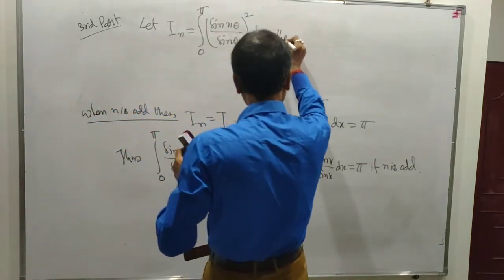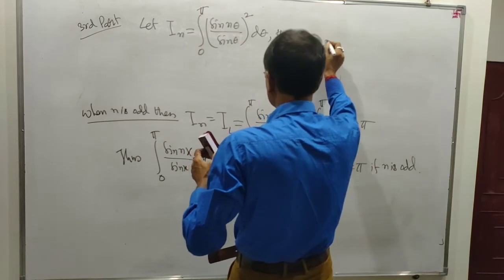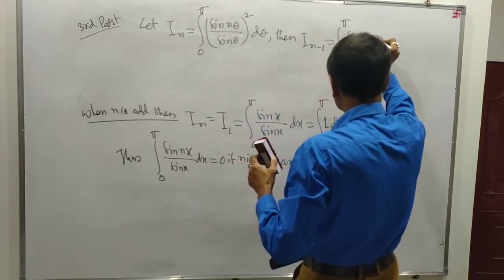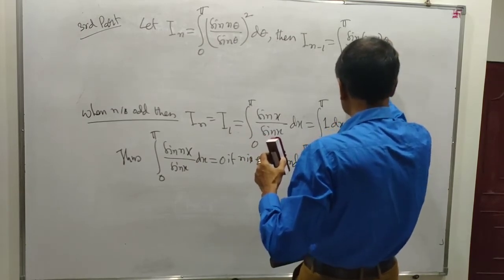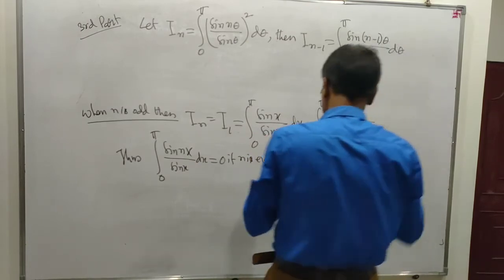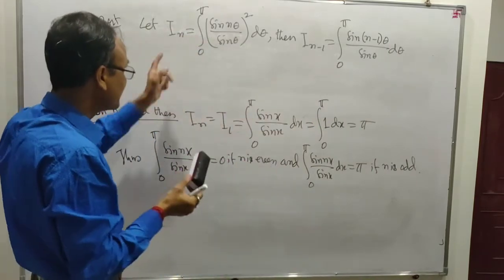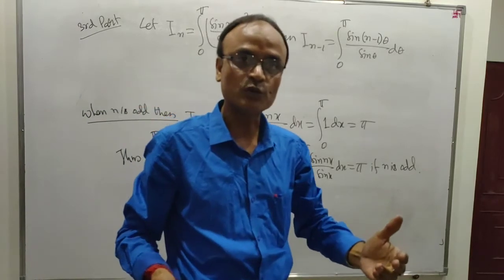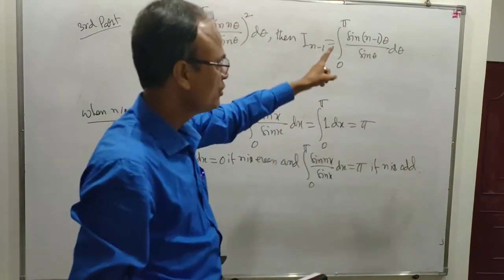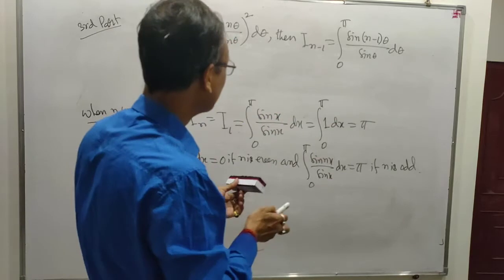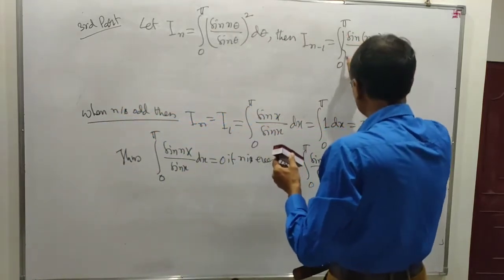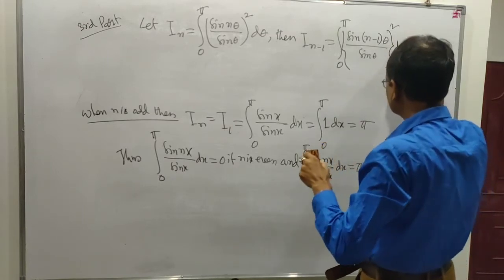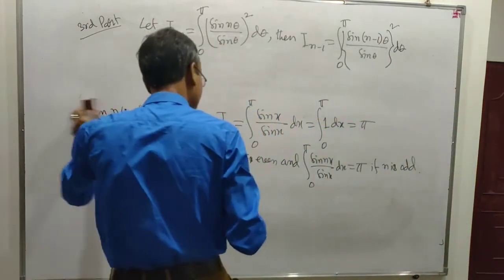Then I_{n-1} will be equal to integral 0 to pi of sin (n minus 1) theta divided by sin theta, whole square, d theta. It will definitely be like this.